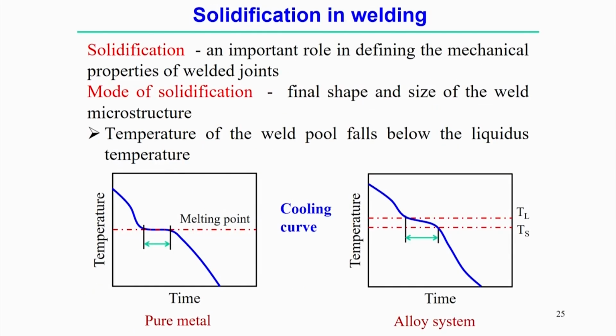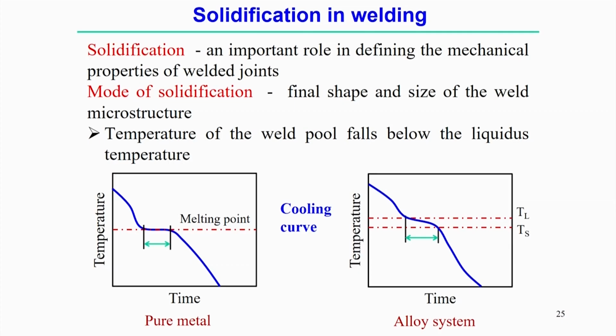Now, we come to one significant and important part, that is solidification in the welding process. Definitely, the molten pool comes in contact with some cooling medium, in most cases the open atmosphere, or sometimes a shielding gas, or sometimes it can be done in a closed chamber also. So, anyway, some kind of cooling medium exists.